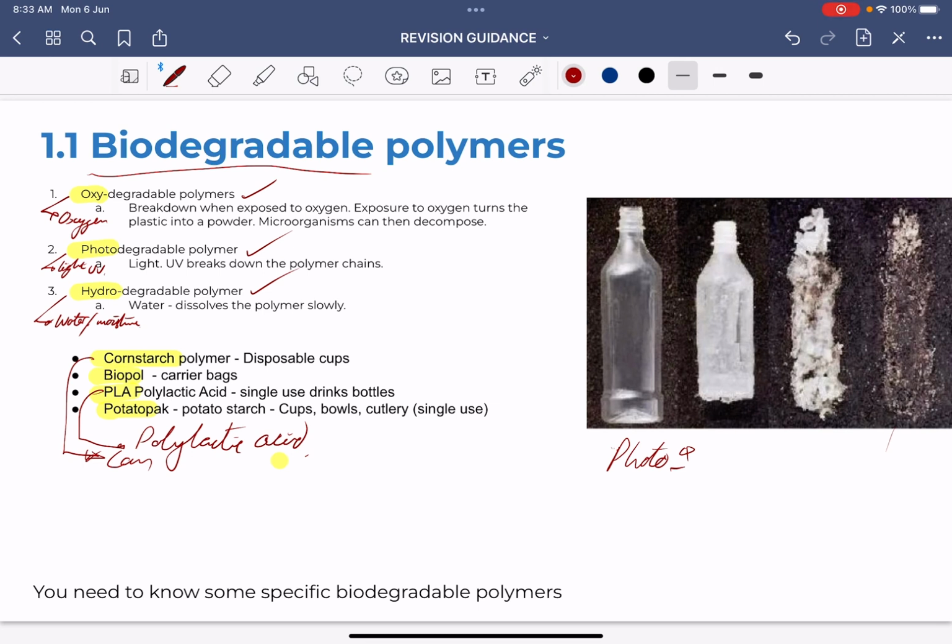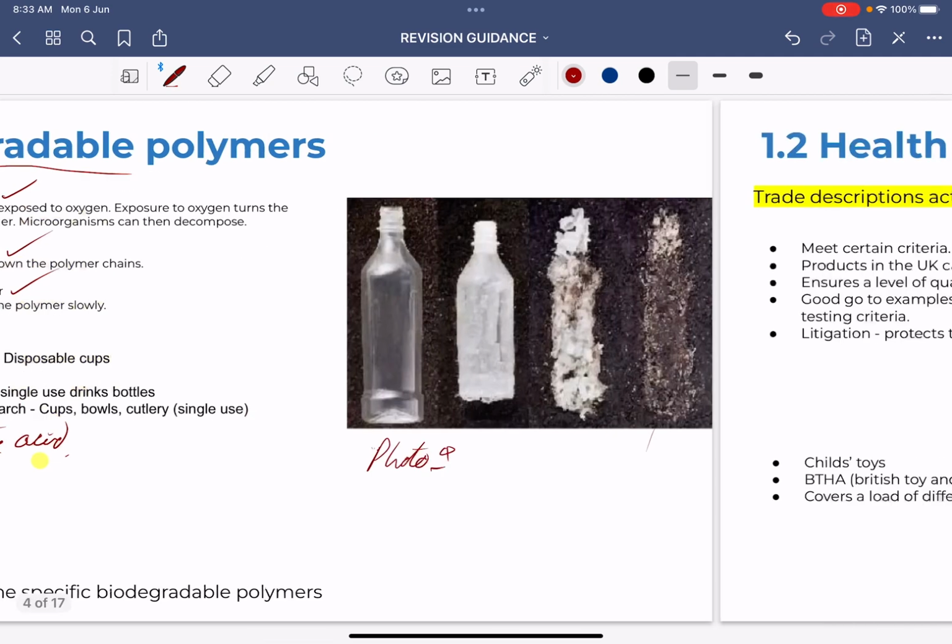So that's kind of an overview of that. Have a look as well at the sorts of things that they're typically used for, because certain ones like potato pack are more used for paper-like food containers. So make sure you've got some ideas of what they're used for.